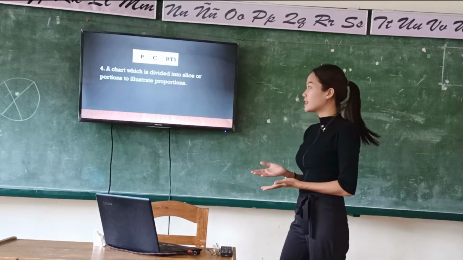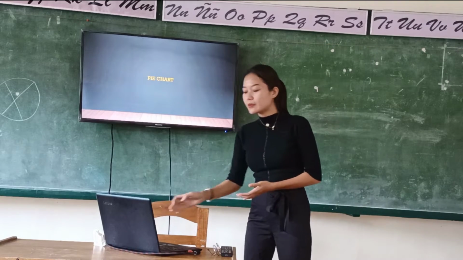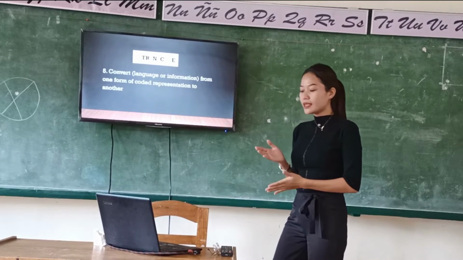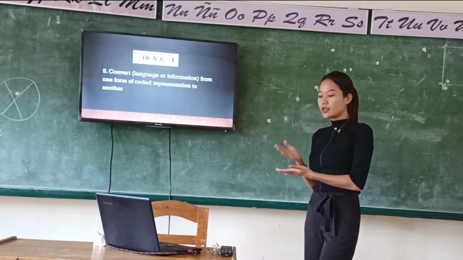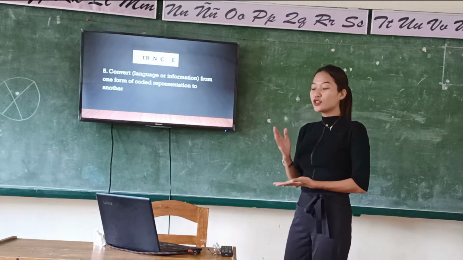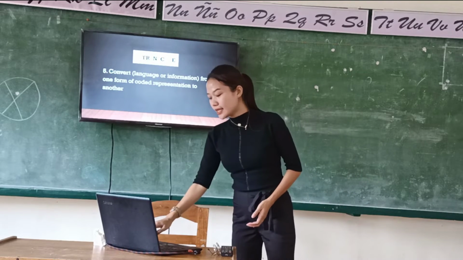What do you think it is? Very good. That is pie chart. The last one converts language or information from one form of coded representation to another. Very good. It is transcode.